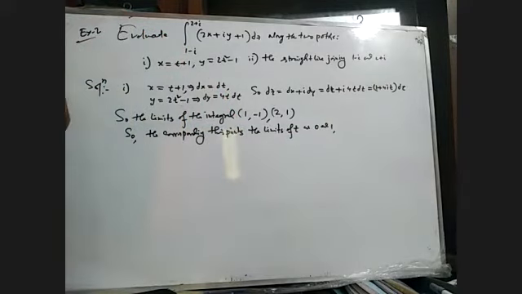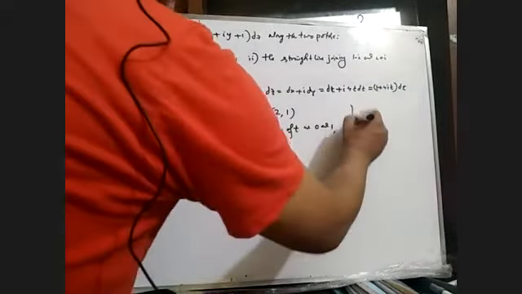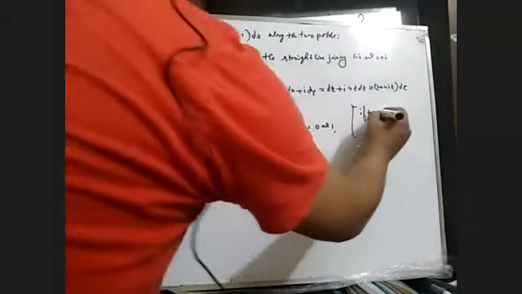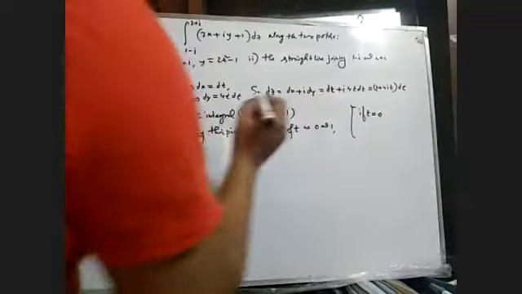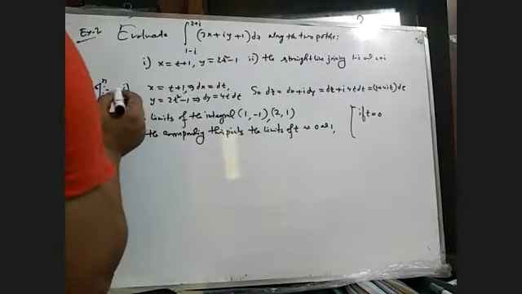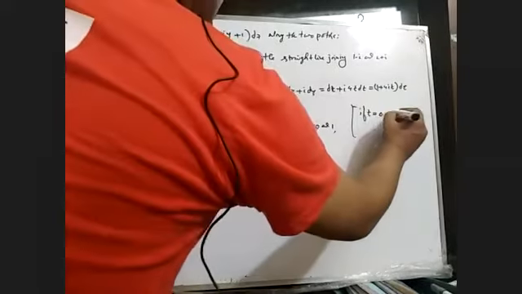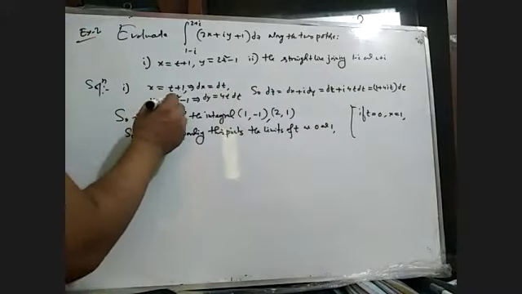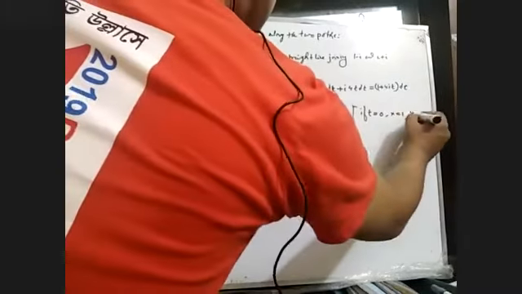How do we get 0 and 1? Suppose t equals 0, then x equals what? x equals 1. And y equals what? If t equals 0, then y equals minus 1.